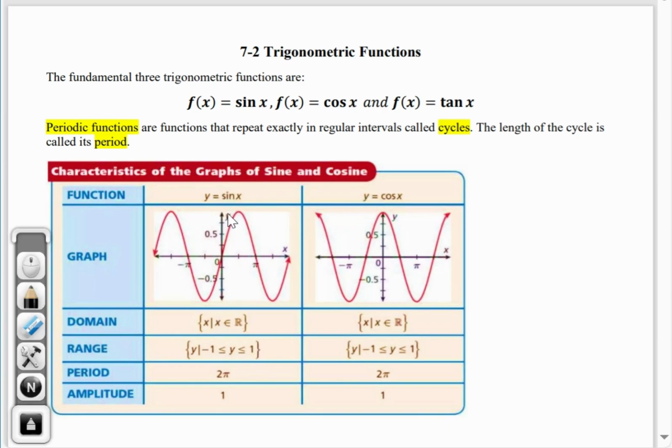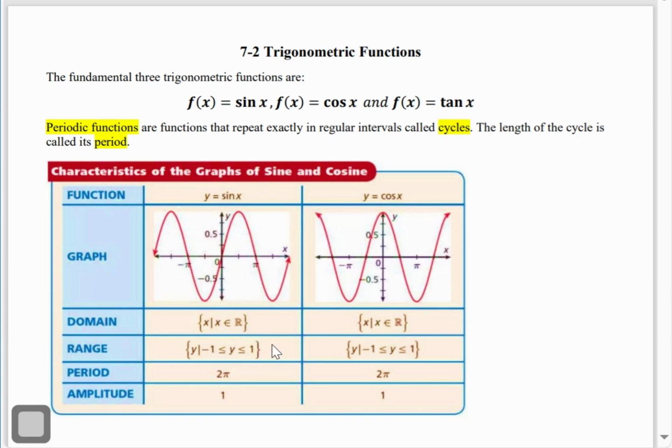If you have 1 here, the range will be -1 to 1, because according to y the function goes from -1 to +1. And for cosine it is the same: it is -1 to 1, and it will change according to amplitude. The number before cosine and sine is called amplitude.